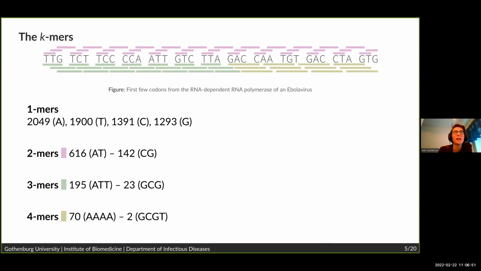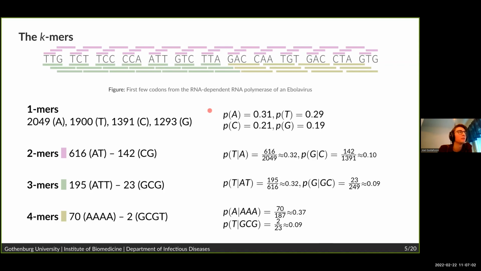But due to the fact that we see this huge variety in sequence lengths across the viral spectrum, we don't want to look at absolute frequencies of k-mers because that would be hard to reason about.